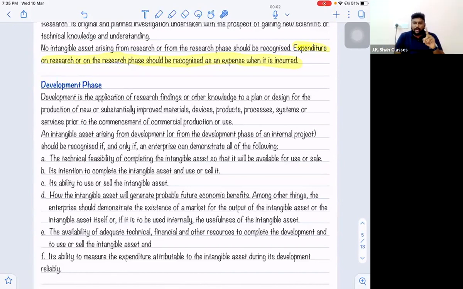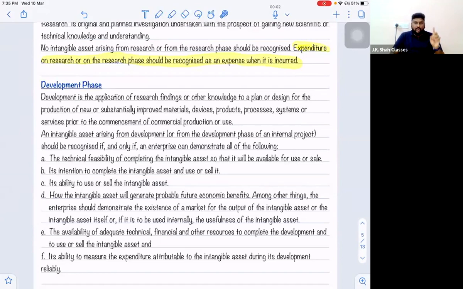So you can have economic benefits in 2 ways. First, using the intangible asset in your business, and with the help of that intangible asset, you will manufacture some goods or services, you will sell it, you will earn economic benefits. Or else, you can directly sell off your intangible asset to other parties and earn revenue from there.